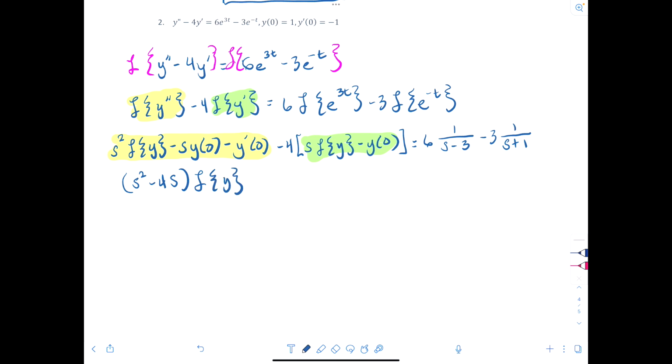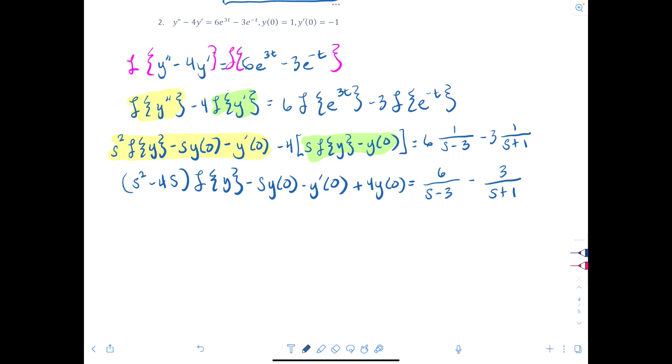And then I'll have minus s times y at 0 minus y prime at 0, and then plus 4 times y at 0 is going to be 6 over s minus 3 minus 3 over s plus 1. Cool, cool?